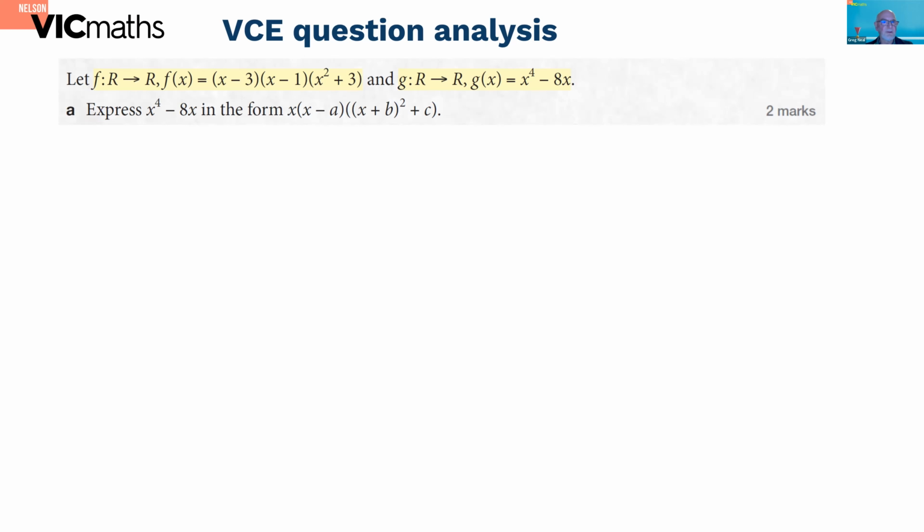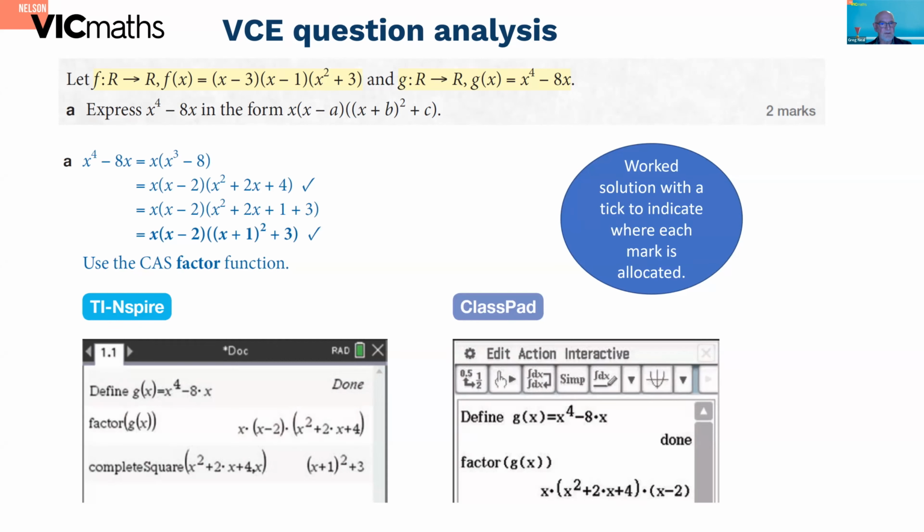So we've got 2 functions here. We've got this quartic f of x and another quartic g of x. And what the question's asking is just to express that quartic in that form. You can see in our solution down the bottom, the g of x function's been defined and factorized, but when it's factorized, it's given x and x minus 2, but it hasn't given (x plus b) squared plus c.